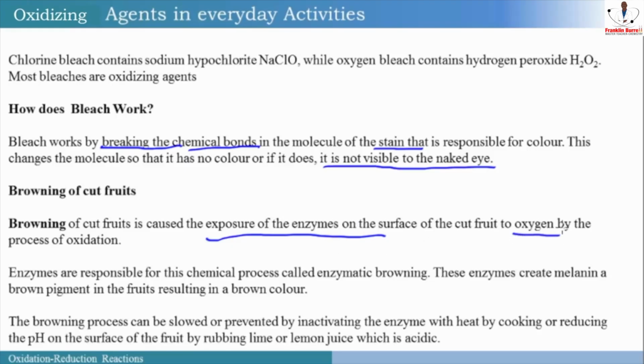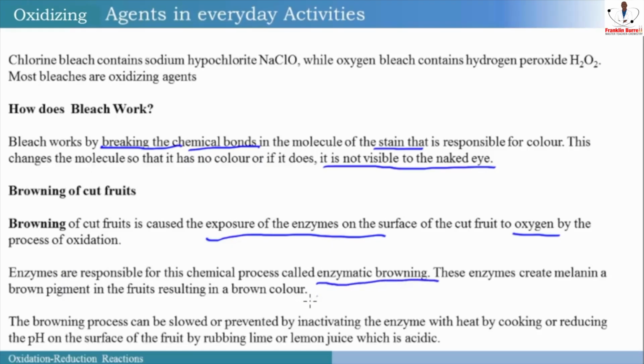And remember that oxygen is going to do the oxidation, or the oxidizing. So oxygen causes oxidation. Remember that whatever is oxidized is the reducing agent. Enzymes are responsible for this chemical process, and it's called enzymatic browning.